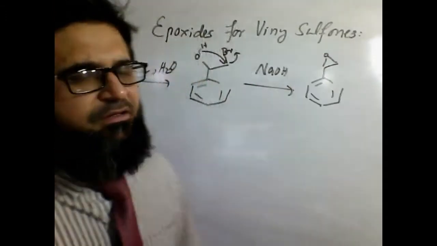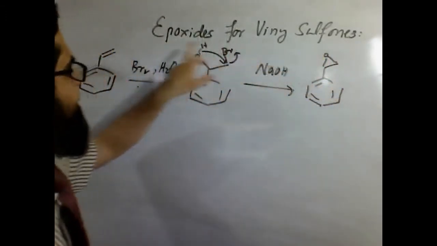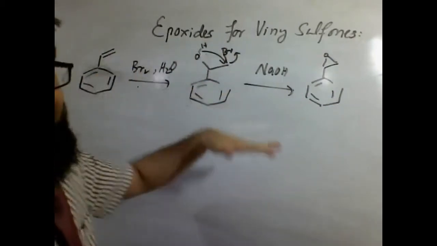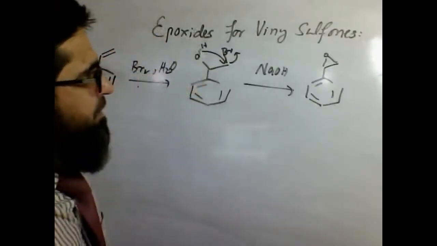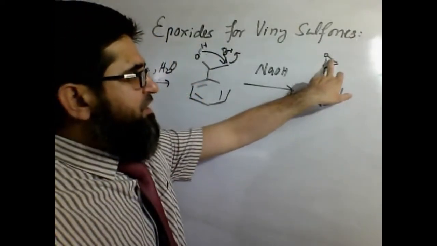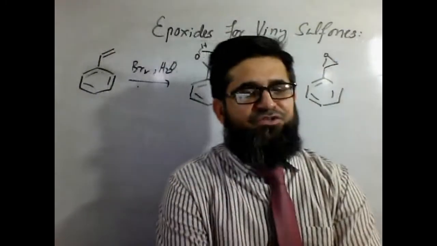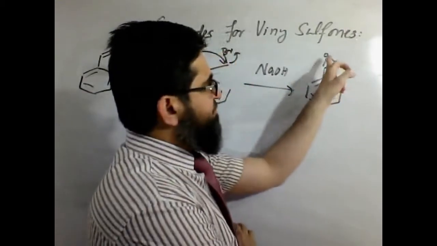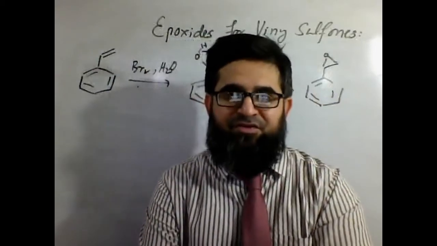Epoxides are generally produced from alkenes. Various methods are available; I have just explained a single method over here. These epoxides actually have ring strain. Due to the presence of high energy oxygen, they are always in a hurry to react with somebody.